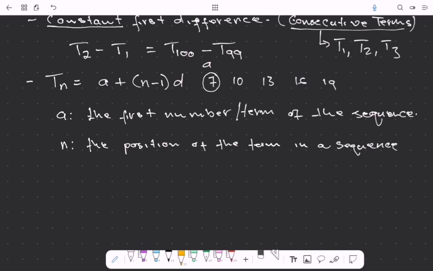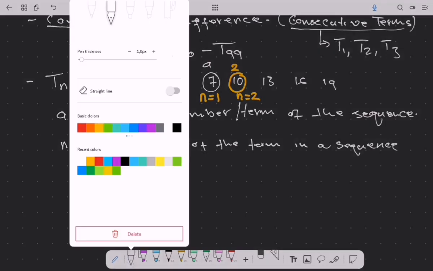So for A, n is equal to what? n is equal to 1 because it is the first term in that sequence. All right, you get it. Since this 10 right here is in position 2, that means n is equal to 2. That's what we are referring to when we talk about n as the position. We are talking about the position where a term in a sequence is located, right? Thank you. Let's move on.